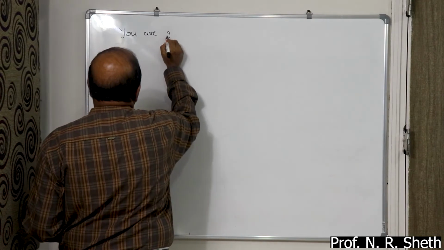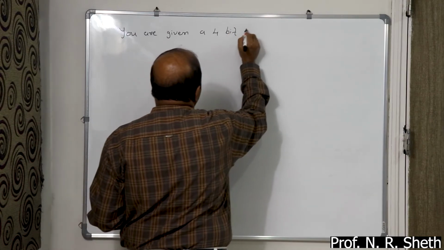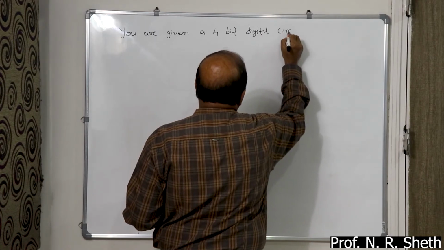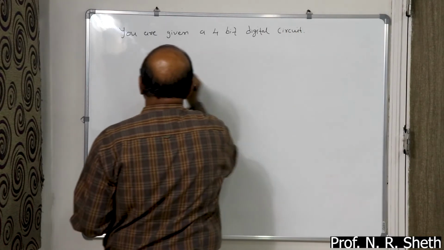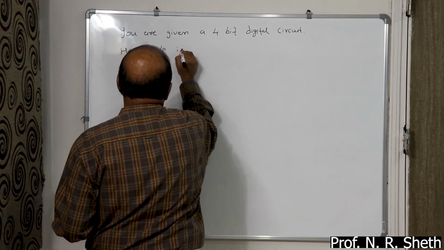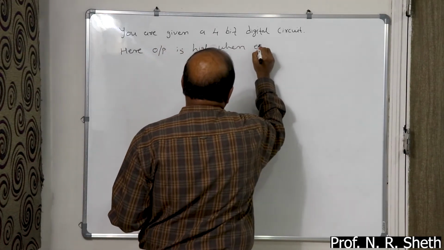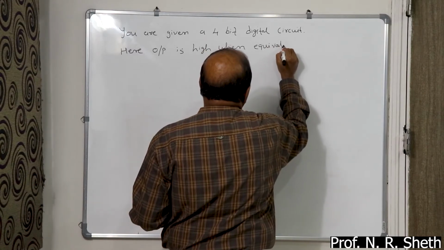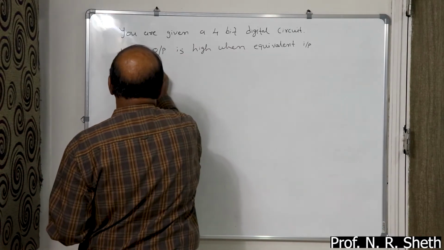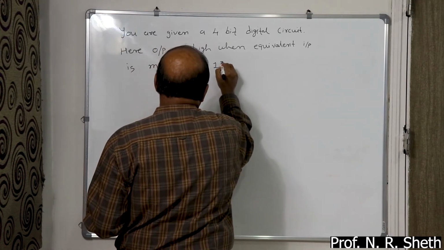You are given a 4-bit digital circuit. Here, output is high when equivalent input is more than 13.